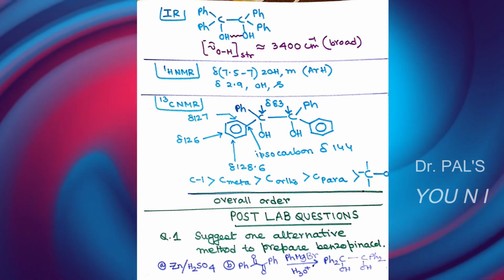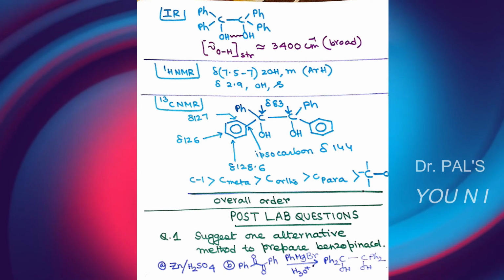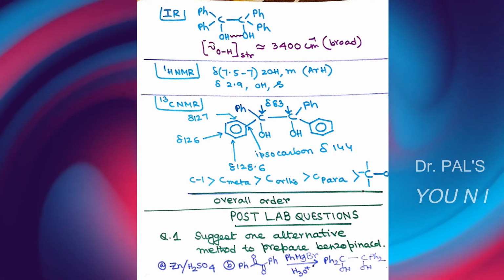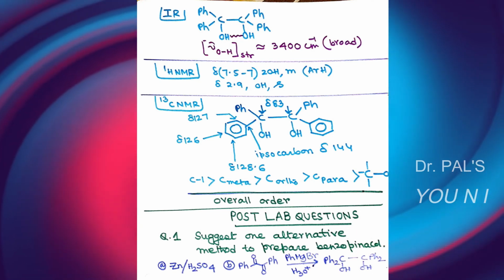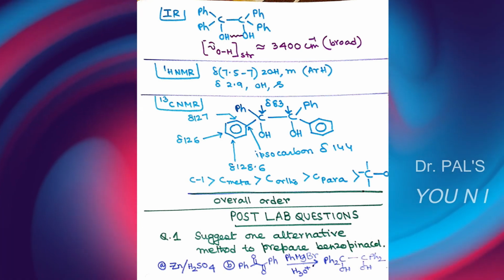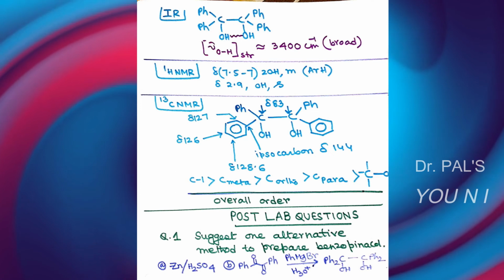Here, by recording the IR also, we can know the completion of the reaction. Now this compound contains the functional group alcoholic OH, and it undergoes intramolecular hydrogen bonding. So if we record the IR, that OH comes as a broad signal at near about 3400 cm inverse.